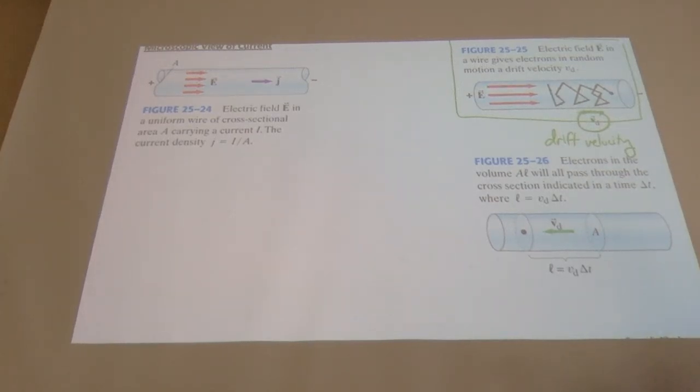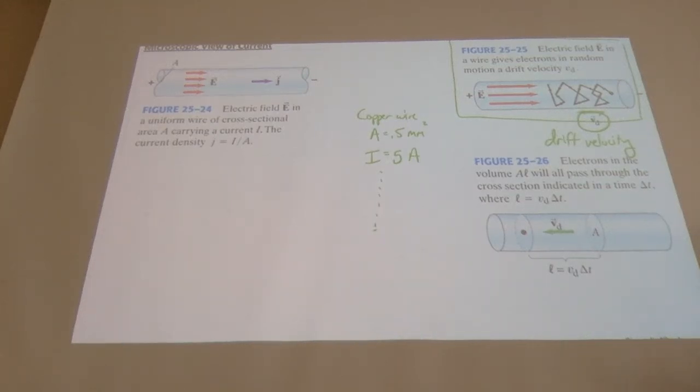I want to give you some feel for what that drift velocity is. It turns out that if we have a copper wire, and let's say that it has a cross-sectional area of 0.5 millimeters squared, so it's a small wire, and we decide to pass a current through it of 5 amps. You don't need to know the equation or how to calculate it.